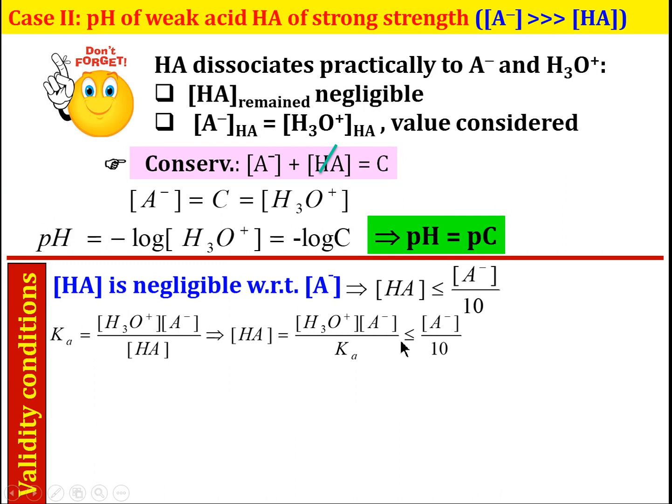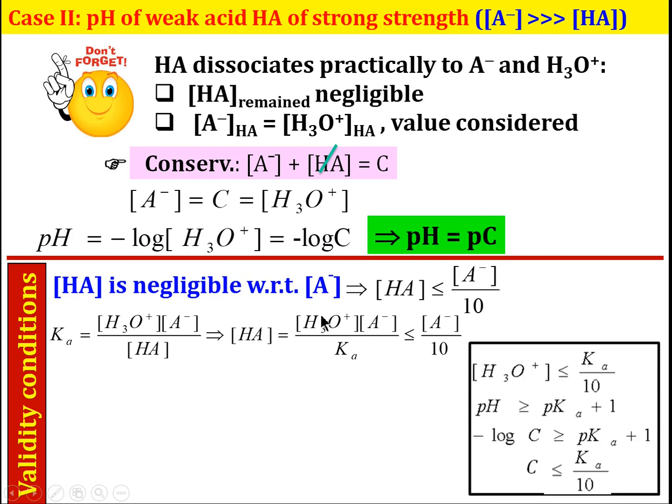We cancel A minus, so H3O plus is less than or equal to Ka divided by 10, or in other words, the pH is greater than or equal to pKa plus 1. So if you apply this formula for the pH of a weak acid and you find the pH value obtained is greater than or equal to the pKa of the couple plus 1, this formula is valid.